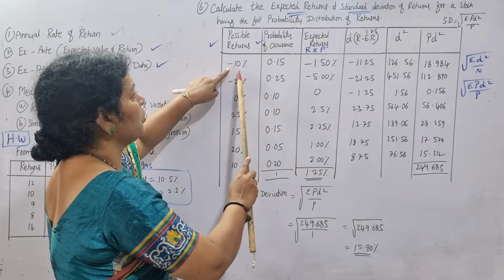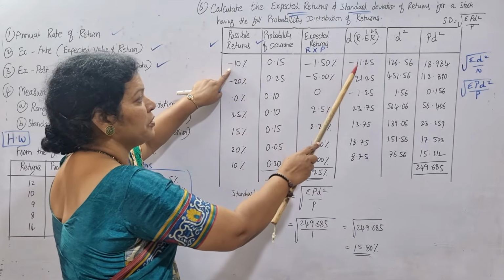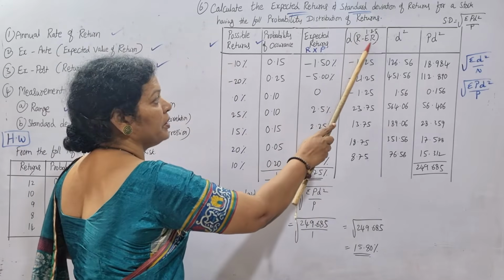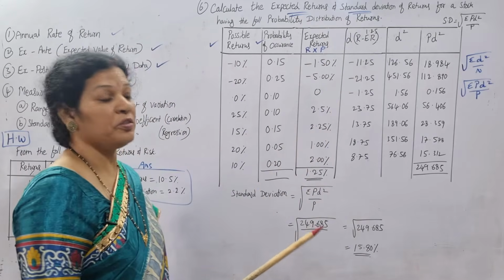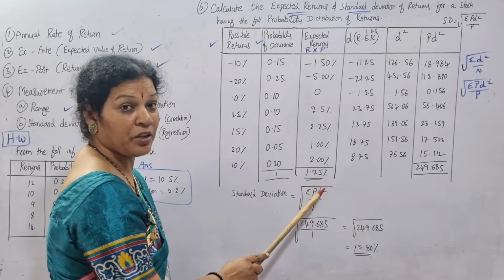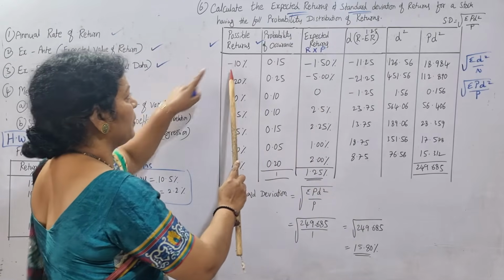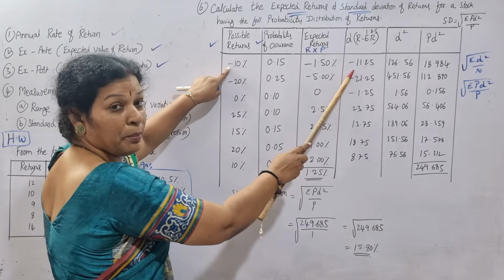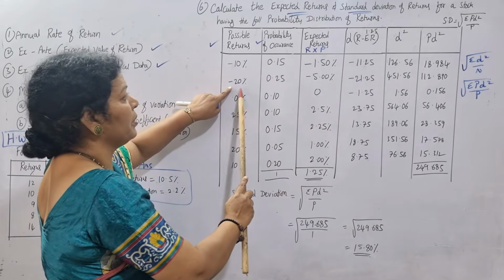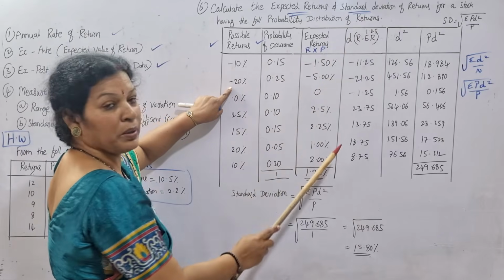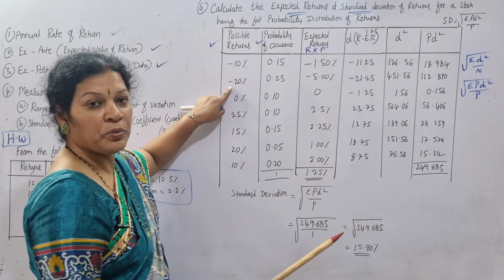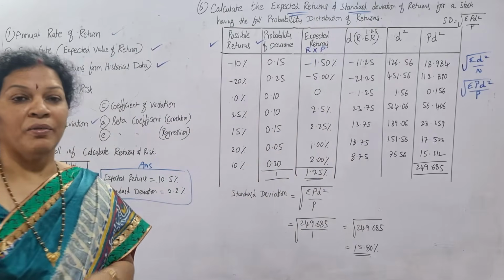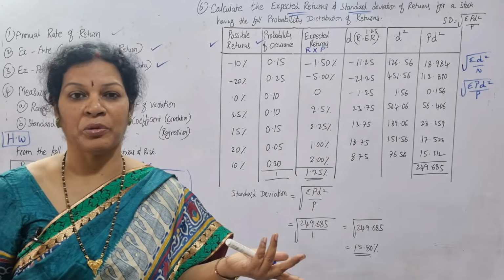Now D is equal to minus 10% minus 1.25, this one I have written. ER is 1.25, expected returns are 1.25% as we got it. So D for the first one, minus 10 minus 1.25 is minus 11.25, minus 20 minus 1.25 is minus 21.25, like this you got D. Once you get the D, rest of the problem is very easy.